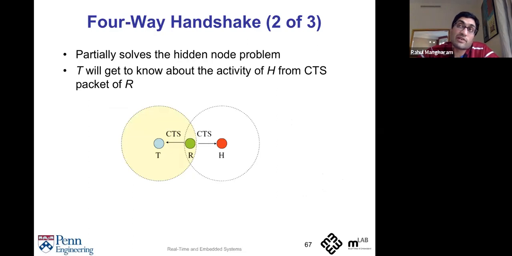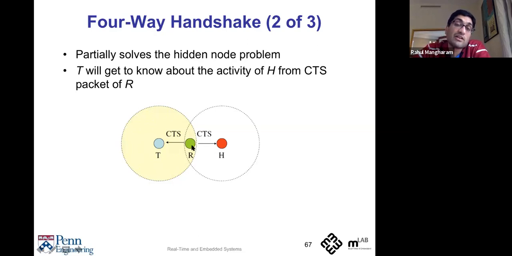It doesn't take care of the collision problem if you are already in communication. But what I'm trying to avoid is that we start communicating pairwise. Say between you and me, just two parties are communicating, and nobody else should talk to you or talk to me while we are communicating. So we want to inform the hidden terminal. The transmitter tells the receiver, hey, I want to talk to you.